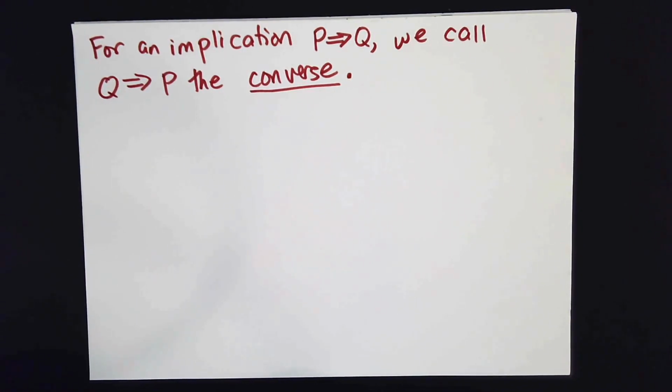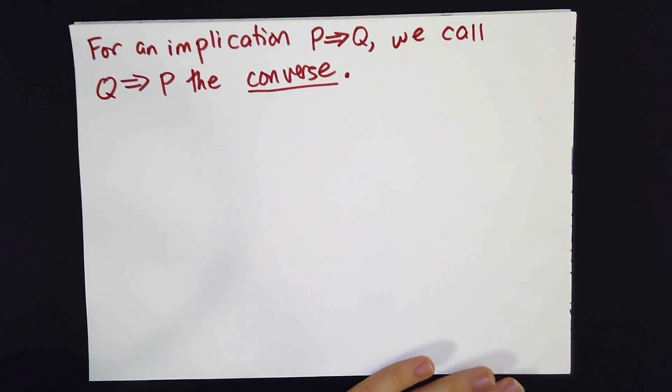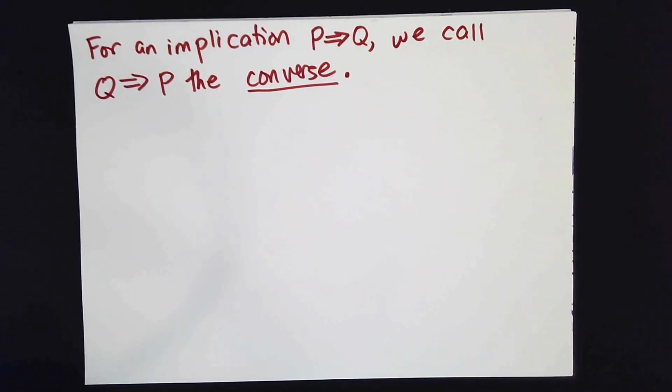So really, almost all theorems take the form of an implication. And for any theorem you learn, it is a question that your professor will ask, or you will ask, is the converse of this theorem also true? Sometimes it will be, sometimes it won't be. And it'll be interesting to think about exactly how that works out.